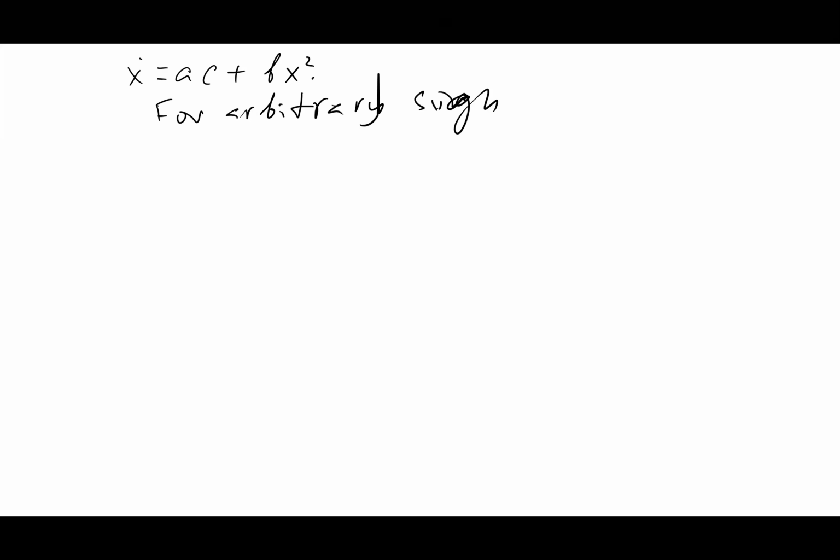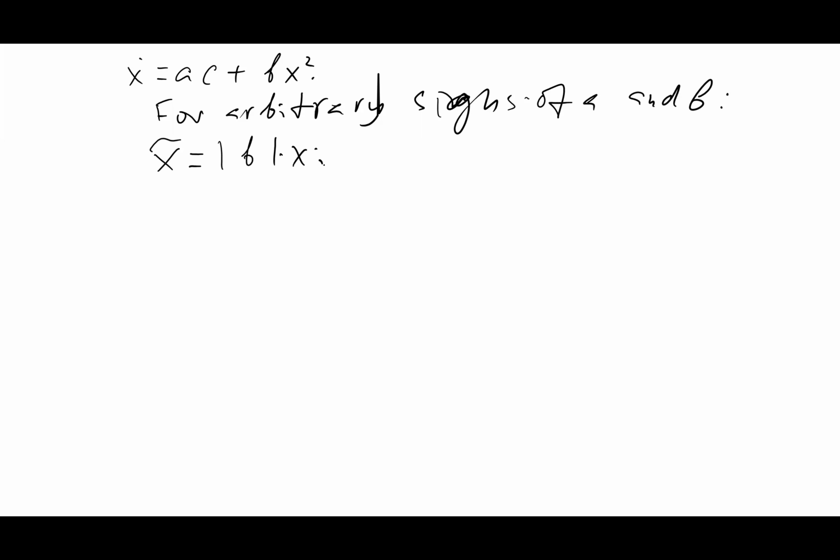So generally, again, we get back to x dot equals a c plus b x squared for arbitrary signs of a and b, and we will do the following substitutions. x tilde equals absolute value of b times x, and c tilde equals absolute value of a b times c.